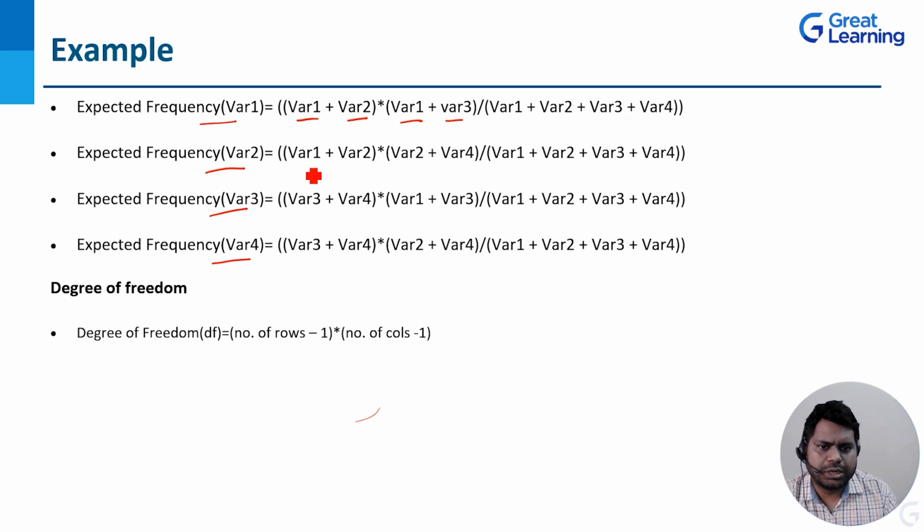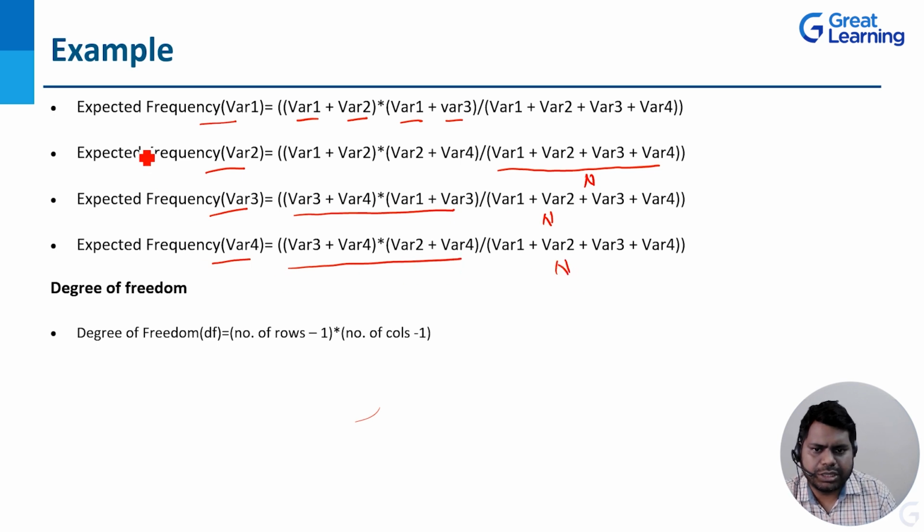Similarly for variable 2, we can calculate this likewise, variable 1 plus variable 2 multiplied by variable 2 plus variable 4 whole divided by variable 1 plus variable 2 plus variable 3 plus variable 4, or we can call it n. So likewise for this divided by n, this term divided by n. So this way we can get the variable 1, variable 2, variable 3's expected frequency.